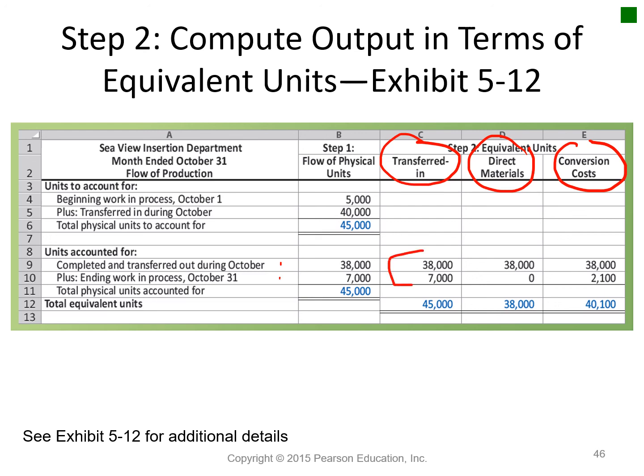And typically, the transferred in units will always be at 100%. So that's why, if you notice, this is 38 and 7. And then, of course, they will have to give you the percent complete for the materials and the conversion. And then the last step is to get the equivalent units. And then eventually you'll divide by this in the denominator to get the average cost per equivalent unit.